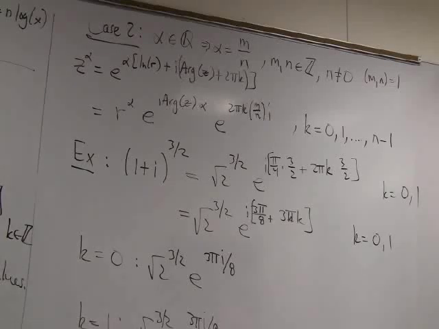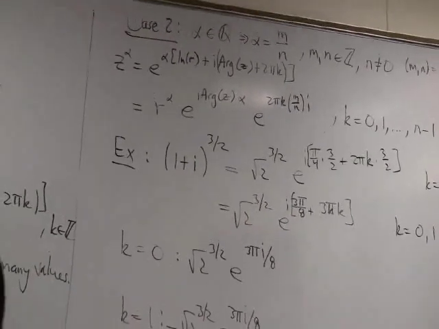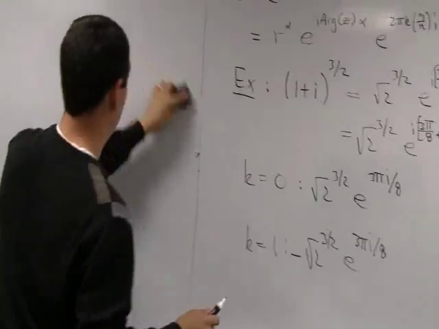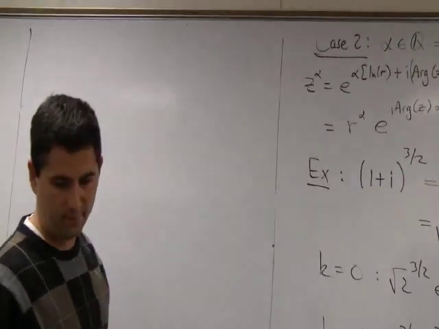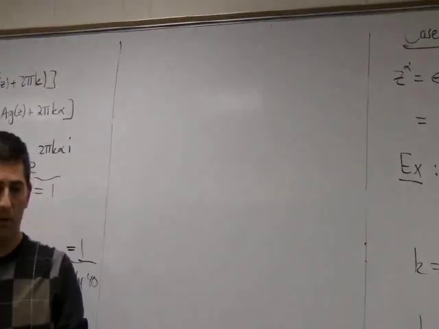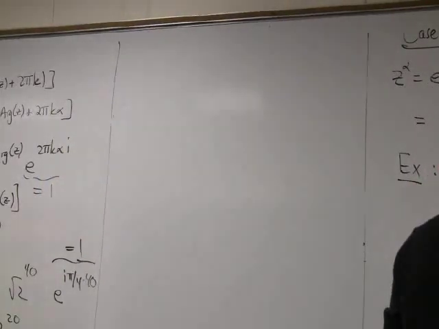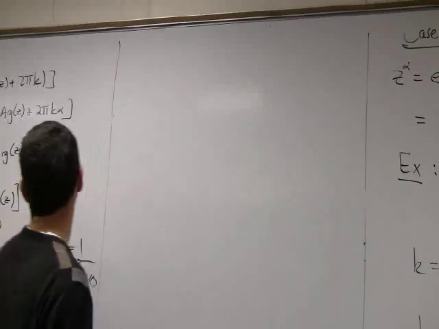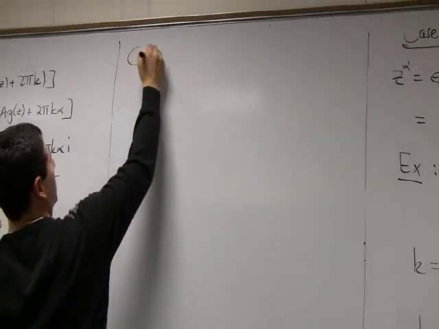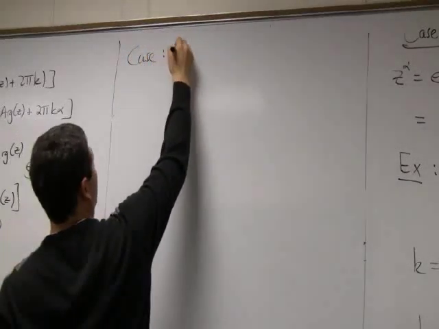Right. So the last case is where you have a complex but not rational number. And, well, that's where you're going to have, in general, an infinite number of solutions. There won't be a derivation here.